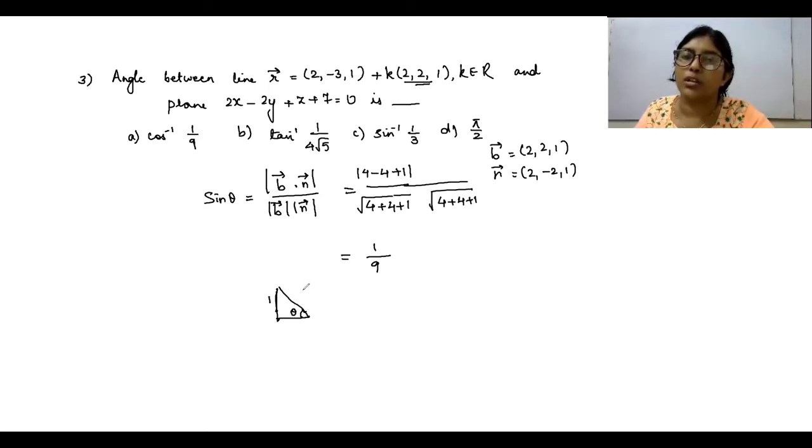So opposite and hypotenuse. That means the third side will be 81 minus 1, root 80. Root 80 can be written as 4 root 5. So that is tan inverse 1 by 4 root 5. So if straight away the angle is given, well and good. Otherwise you find from the triangle, then you can get any one of the options here.